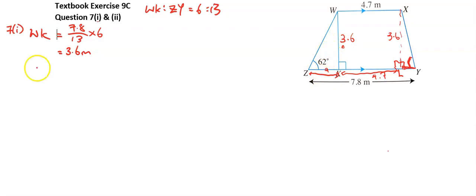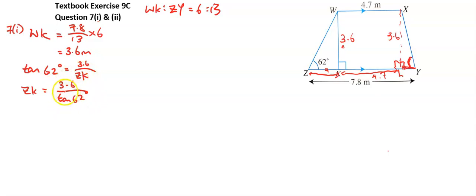Opposite and adjacent, we use tangent. Tangent 62 degrees equals opposite 3.6 over ZK. So ZK is actually 3.6 divided by tangent 62 degrees.